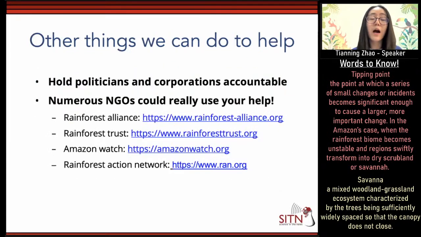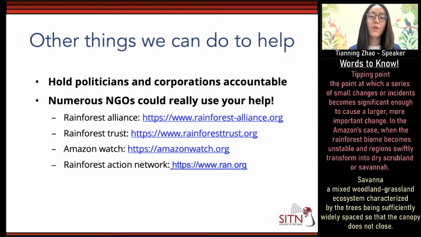And there are also some other things that we can do to help, including holding the politicians and corporations accountable, because they are the ones who can make the decision whether they're using the beef from the rainforest pasture land, or whether they're using the soybeans from the deforested croplands.